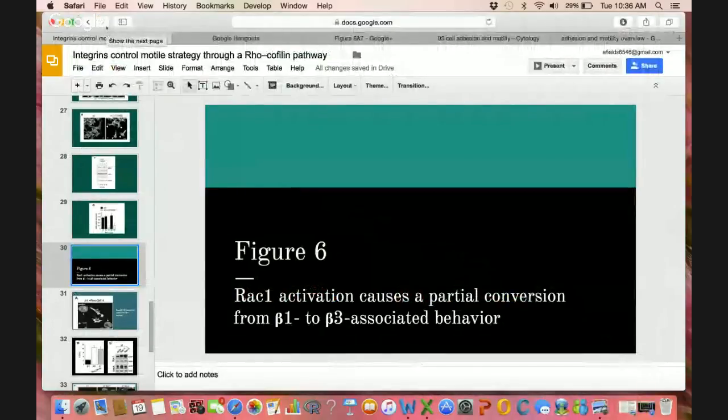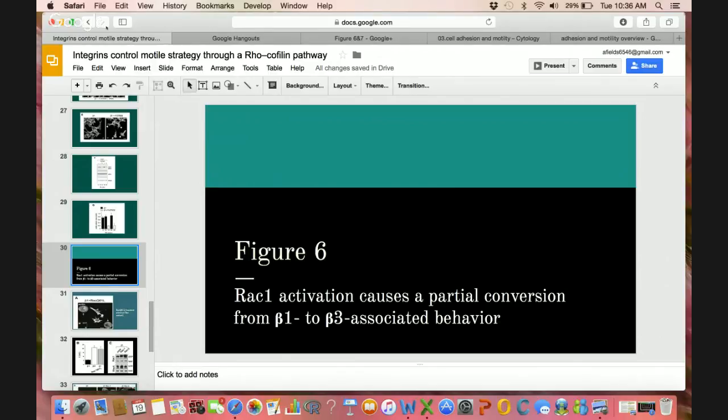Okay, so for figure six, previously they had shown that Rho activity is supported by beta 1 integrin but not by beta 3 integrin, whereas the Rac GTPase in figure 5A had been expressed in both beta 1 and beta 3 integrin.